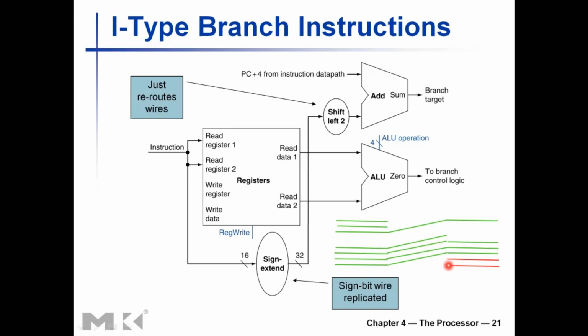These 2 red ones are zeros. These are 2 zeros that we have included there. The 2 red wires are zeros, and the other wires we just rerouted to the next bit position.